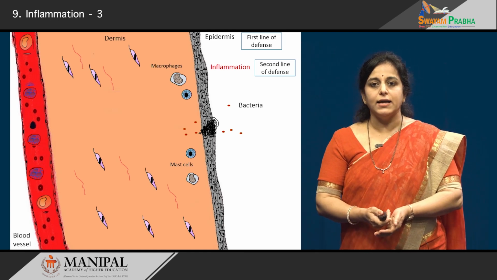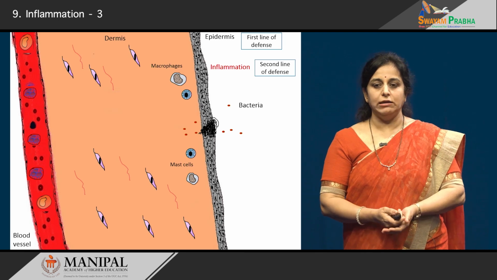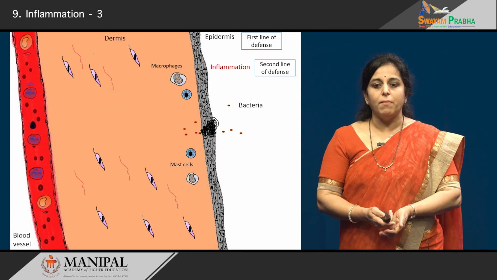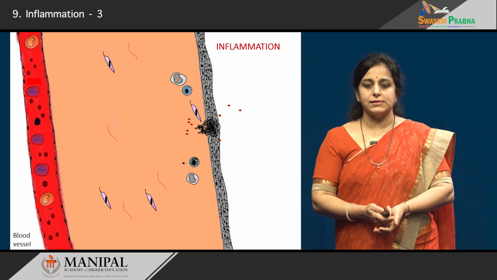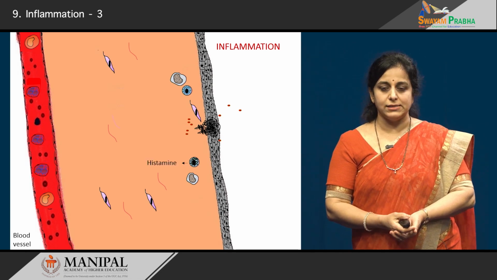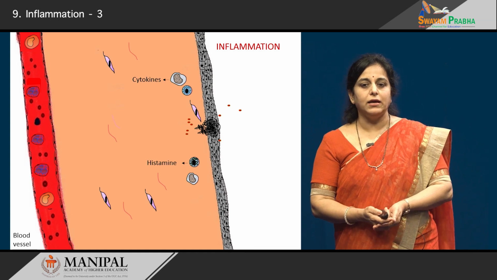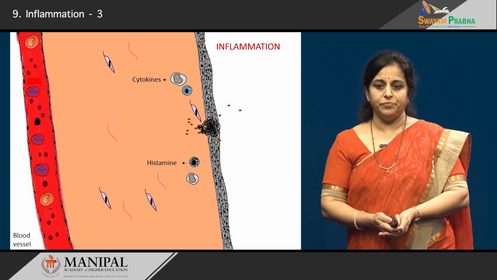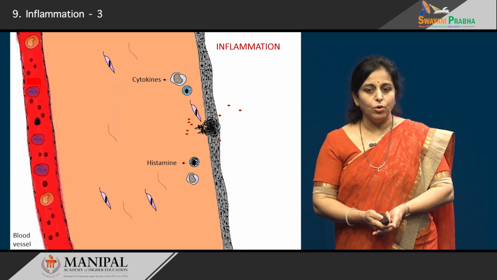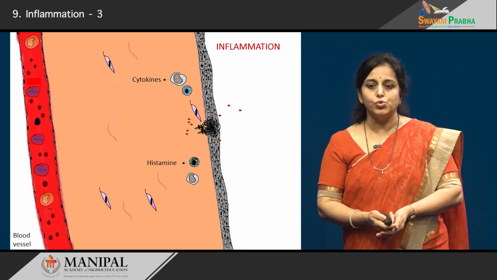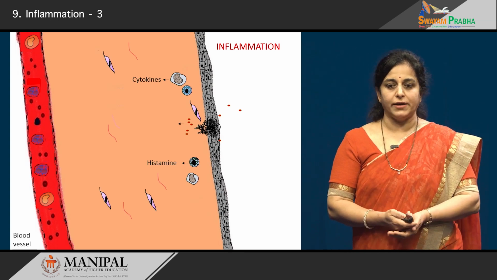These recognize that something foreign has entered our body. So, the mast cells release a chemical called histamine. The macrophages release chemicals called cytokines. At the same time, the microorganisms and the dead tissues also release various factors.